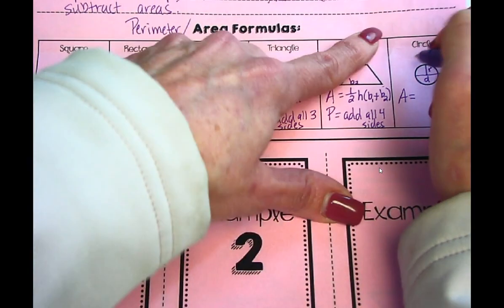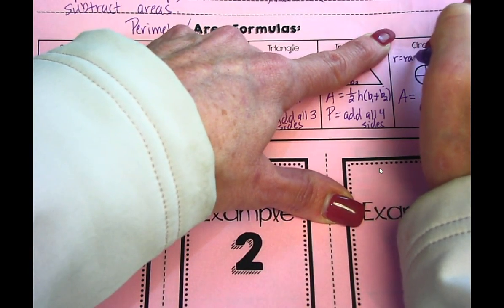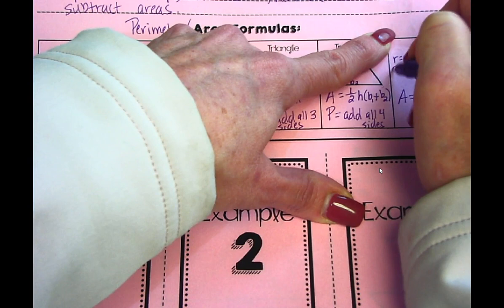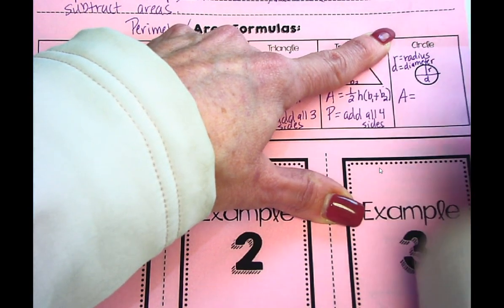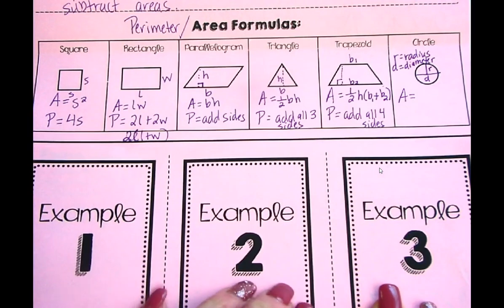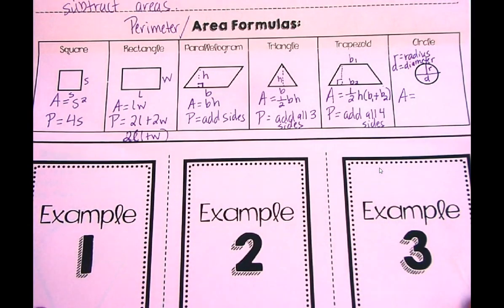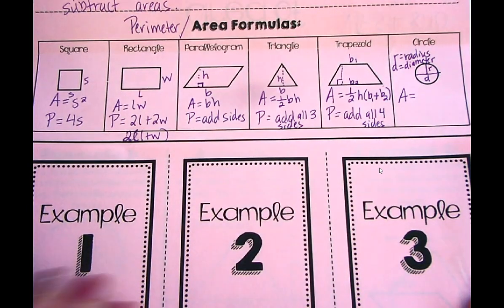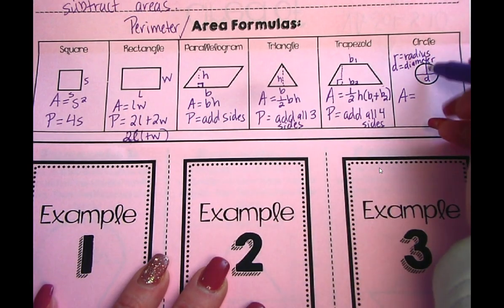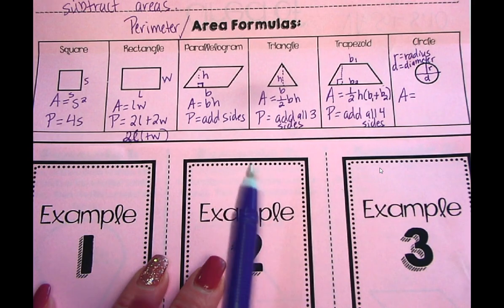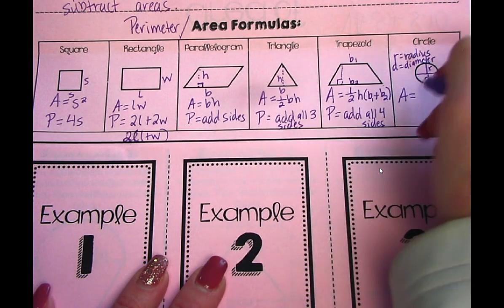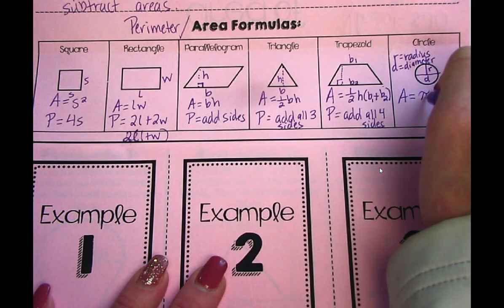We will say that R equals radius and D equals diameter. These are important terms that you've learned before. The radius is the short one, it's only half, and the diameter goes all the way across. So to find the area of the circle, it's pi r squared.